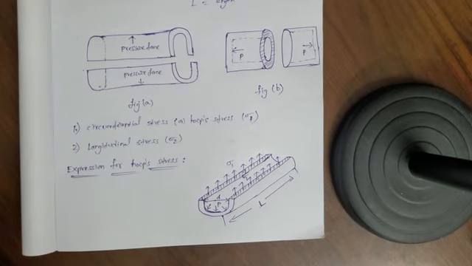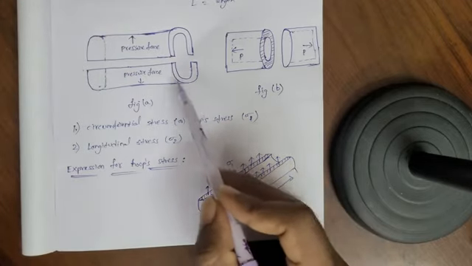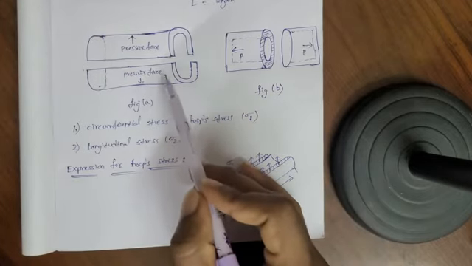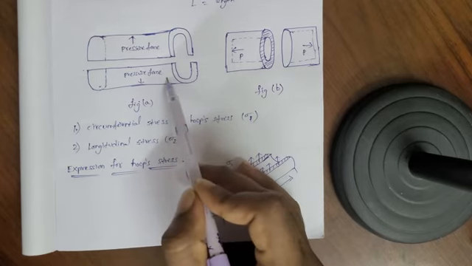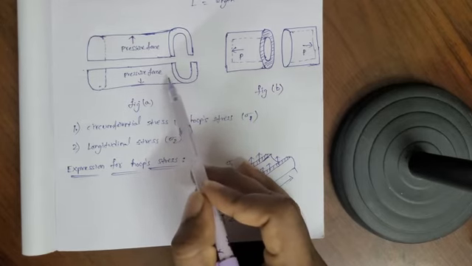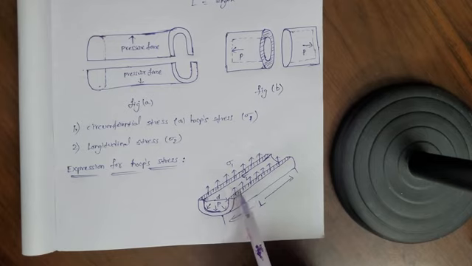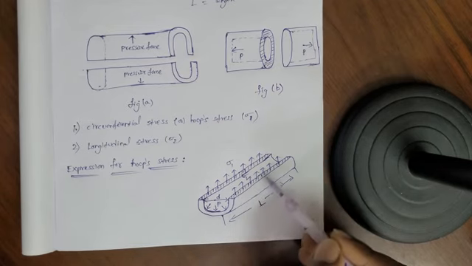If the force inside the cylinder due to the fluid is breaking the cylinder in this manner, there will be development of circumferential stress along the walls of the cylinder.